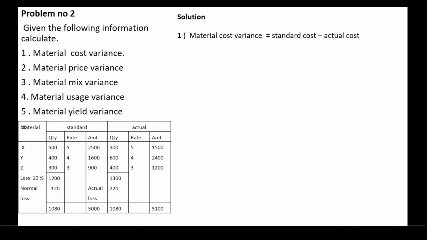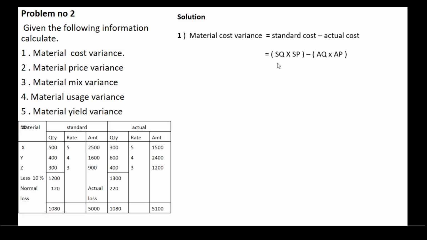The material cost variance is calculated by using the formula: standard cost minus actual cost. The standard cost means the standard quantity into standard price minus actual quantity into actual price.